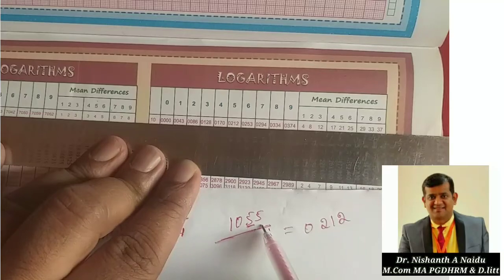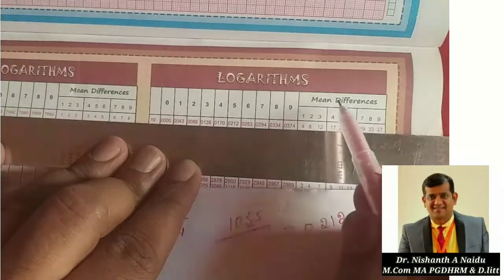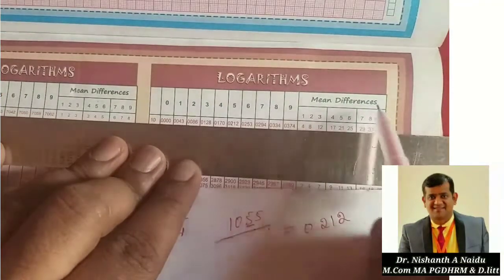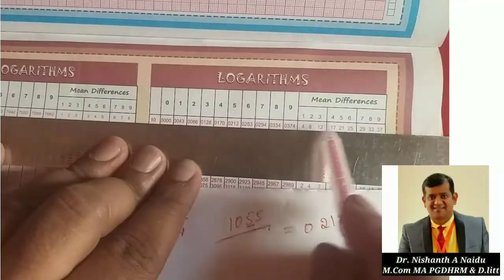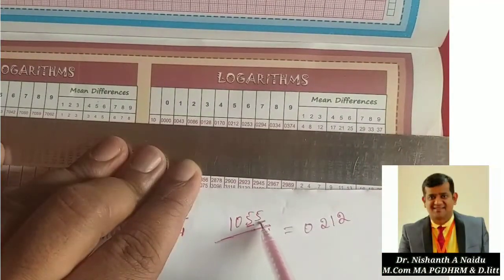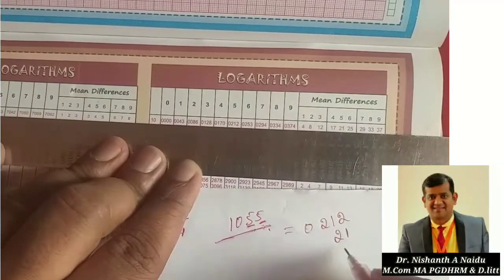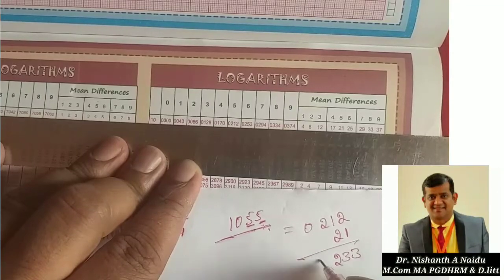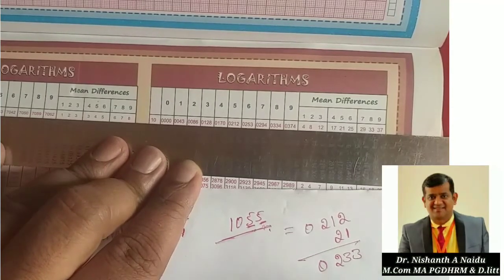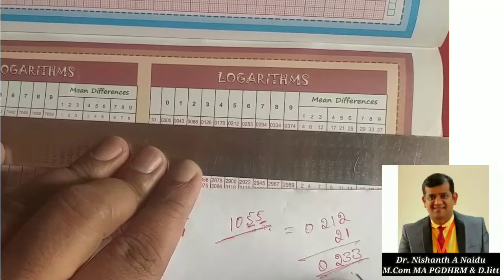The other 5 is left out. For this, go to the mean difference section and check the left out 5. How much? 21. So add this 21. So that is 3, 3, 2, 0, 2, 3, 3. What is the answer you got? 0, 2, 3, 3. Clear?